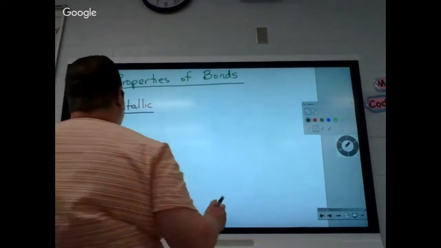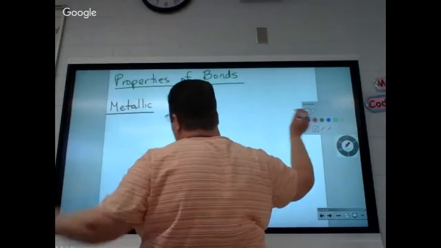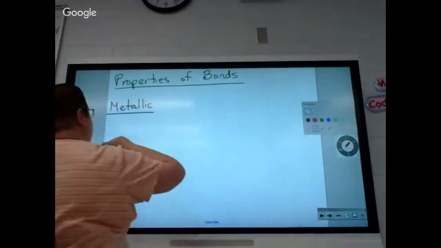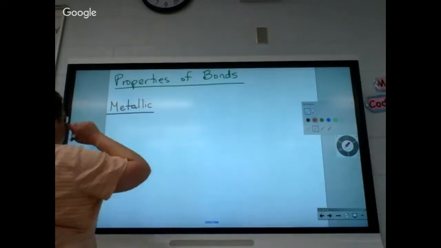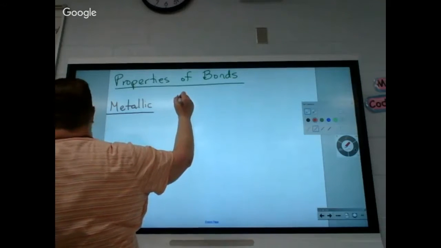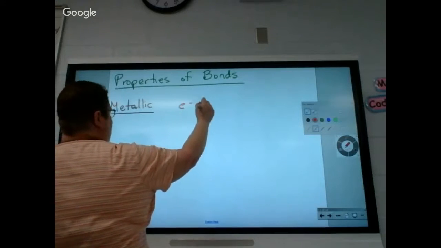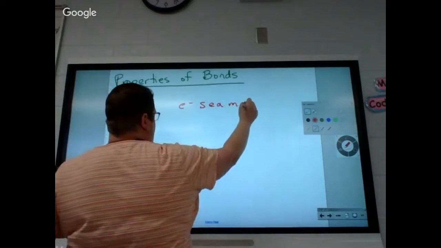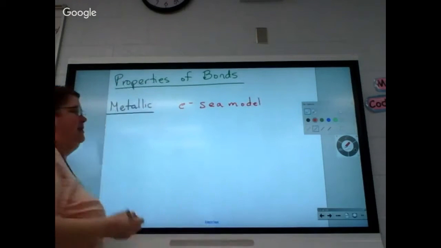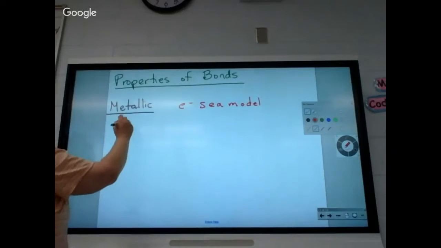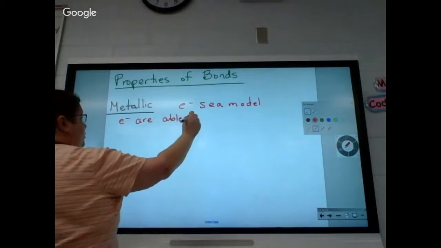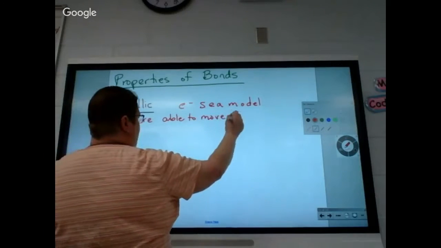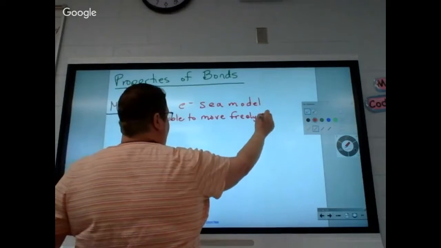All right, so a metallic bond. When we defined this way back on the very first day of bonding, I said this was the weirdest of the 3 bonds because this is often referred to as the electron sea model, okay? And it's called the electron sea model because the electrons are able to move freely, okay?